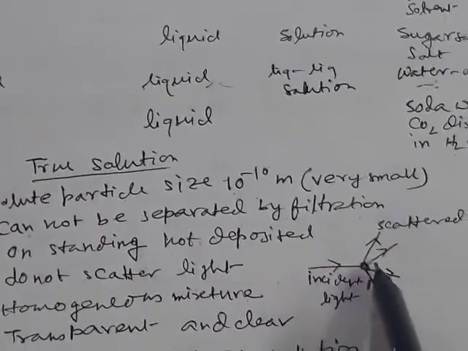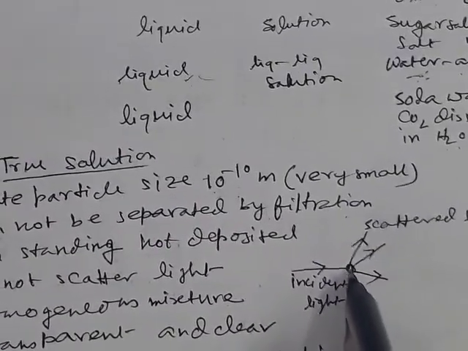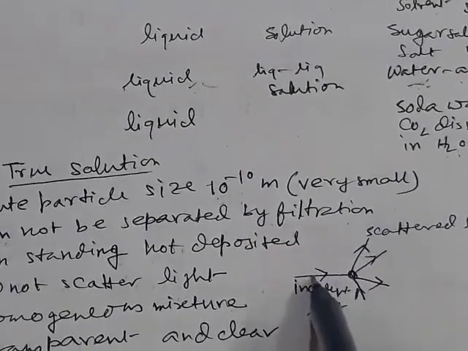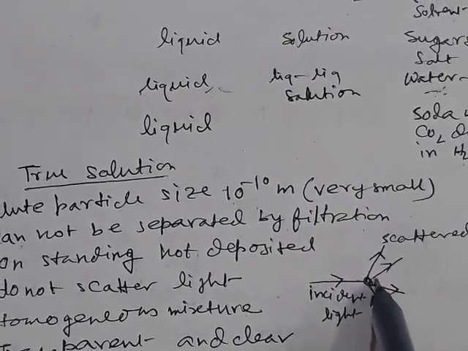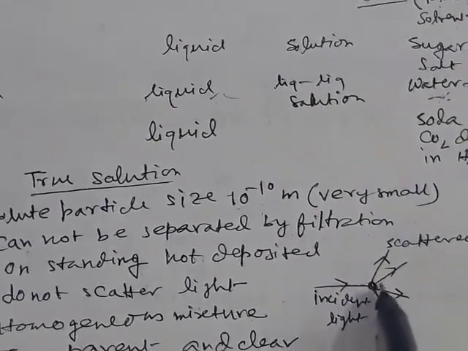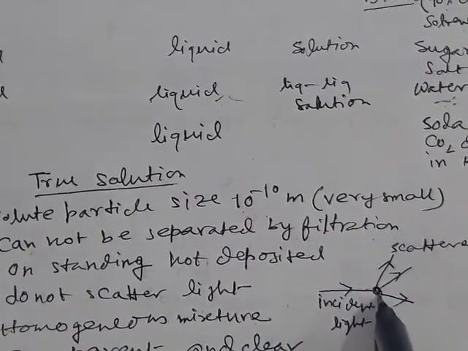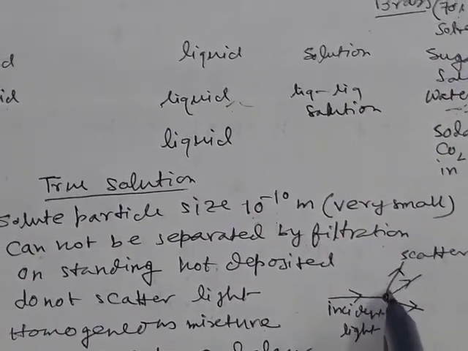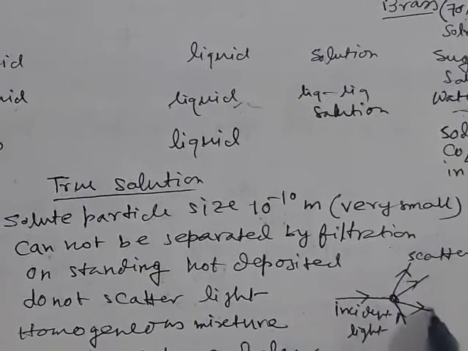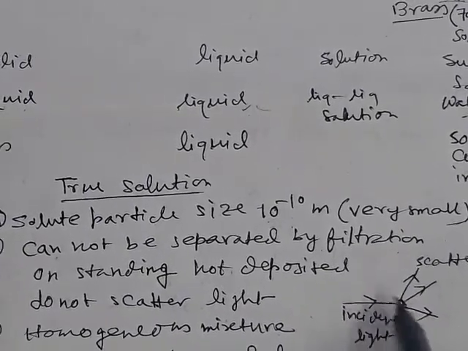Scattering of light means when a light beam falls on a particle. Say this is an incident light beam falling on a particle. Due to interaction with the particle, the path of the light will be different from the incident light.